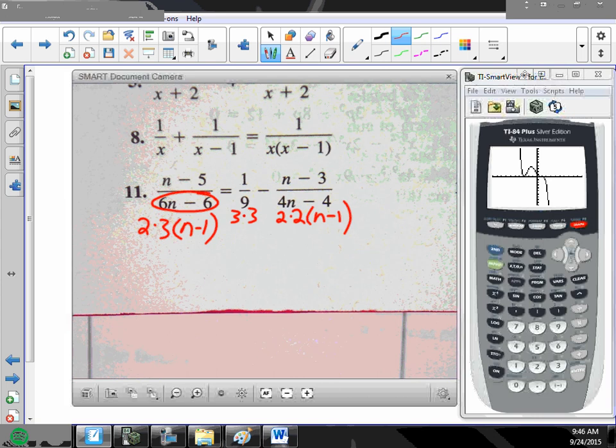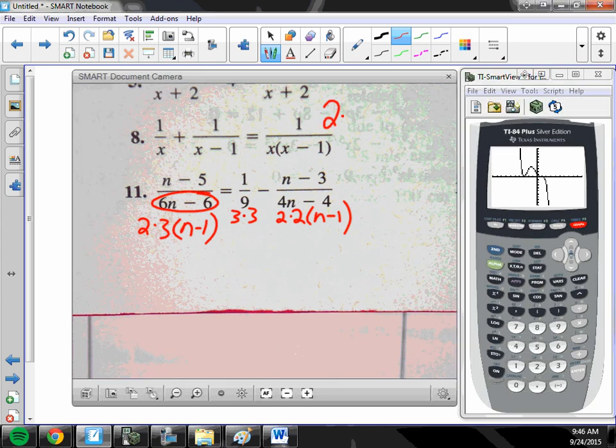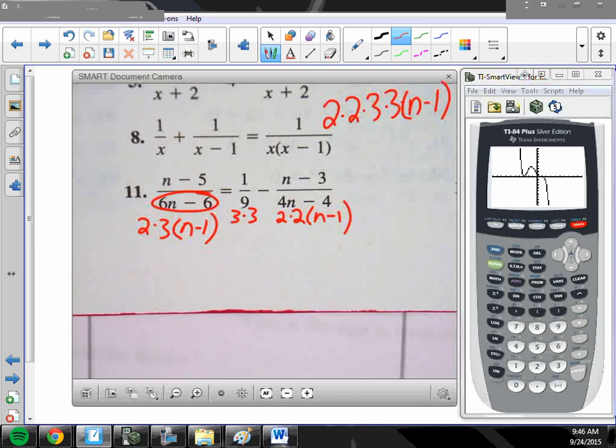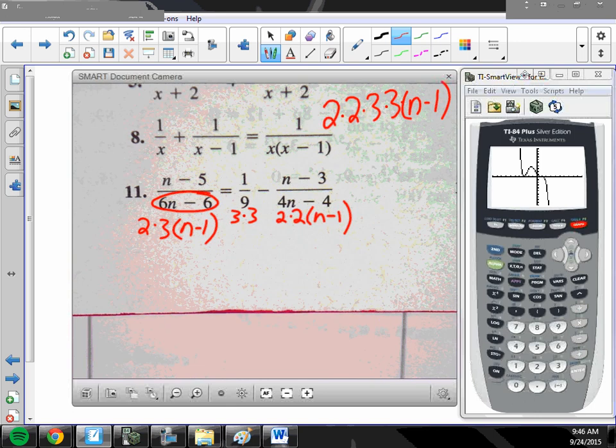So what does the common denominator look like? 2 times 2 times 3 times 3 times n minus 1. Okay? So what does the first fraction need?